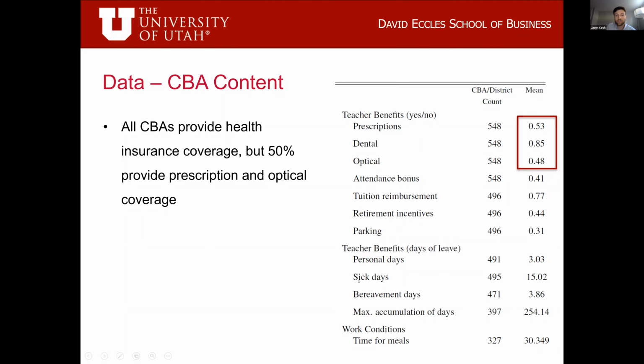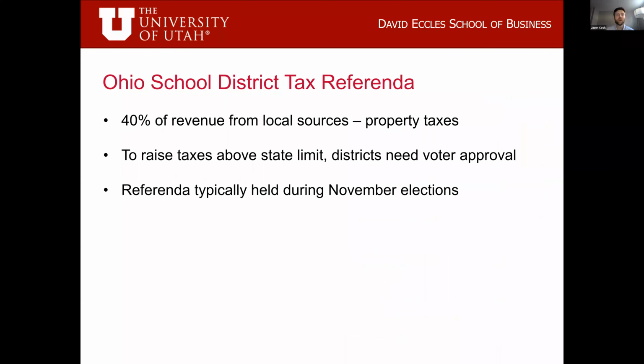There are lots of different things that these contracts cover, including the number of minutes for meals, sick days, things like that. So there's lots of variation in benefits outside of just whether you have health insurance coverage. Okay, so that was some background about collective bargaining.